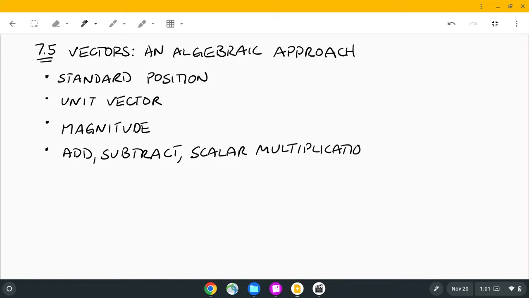And we are very specific about this, that we are doing scalar multiplication, because with vectors we can actually do two kinds of multiplication. We can do scalar multiplication, where we take a vector and multiply by a real number, or we can take a vector and multiply it by another vector.